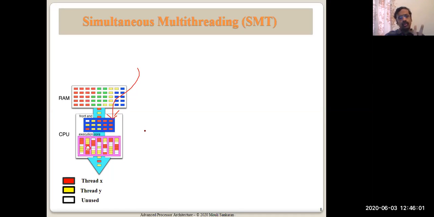So maximum two, I can parallelize among them, and they are pretty independent. In the sense, the OS can remove one process from one thread. It can context switch and then bring another one while the other one continues to run. Context switch can happen for one thread while another thread is continuously running. So these are some things which you have to understand about how it is happening inside.